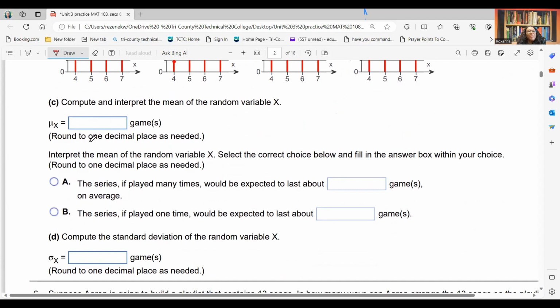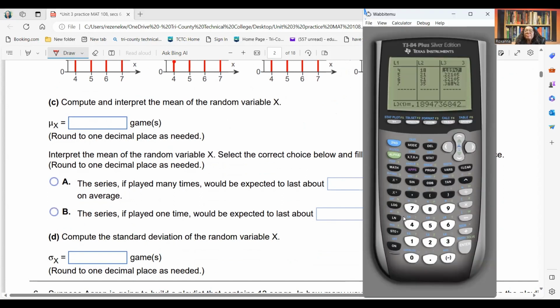So we already know that the mean, rounded to 1 decimal point, is, let's go back and find that mean. I do 1-Var Stats. Don't forget that it's 1-Var Stats of grouped data.